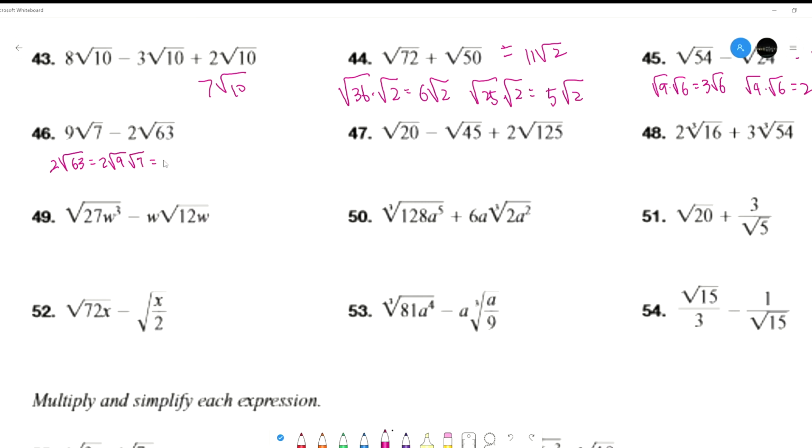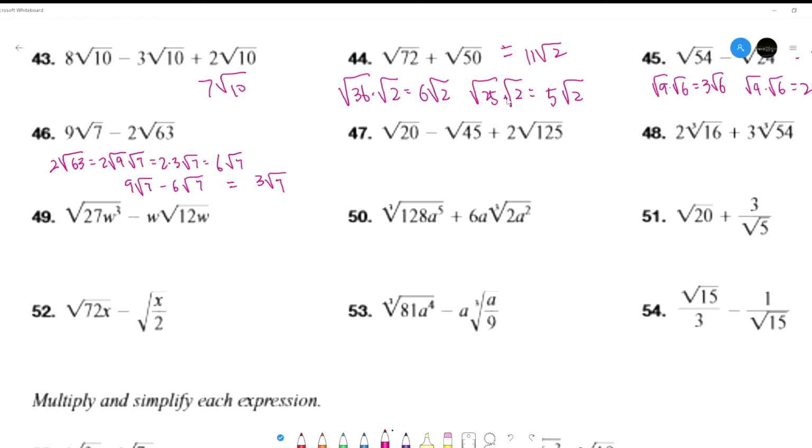So then that's 2 times 3 radical 7, which is 6 radical 7, right? So now I know this is 9 radical 7 minus 6 radical 7, and what does that give us? 3 radical 7. Any questions with that?